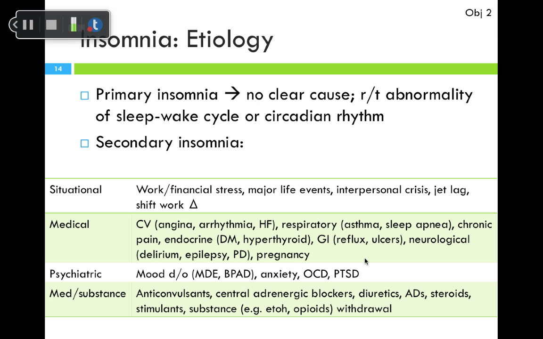And then substances can also cause insomnia. You can have anticonvulsants, steroids, as well as stimulants or things like cocaine or amphetamine salts and those kinds of things that will cause somebody to be awake. And then the alternative of that is that you can actually have substance withdrawal induced insomnia.